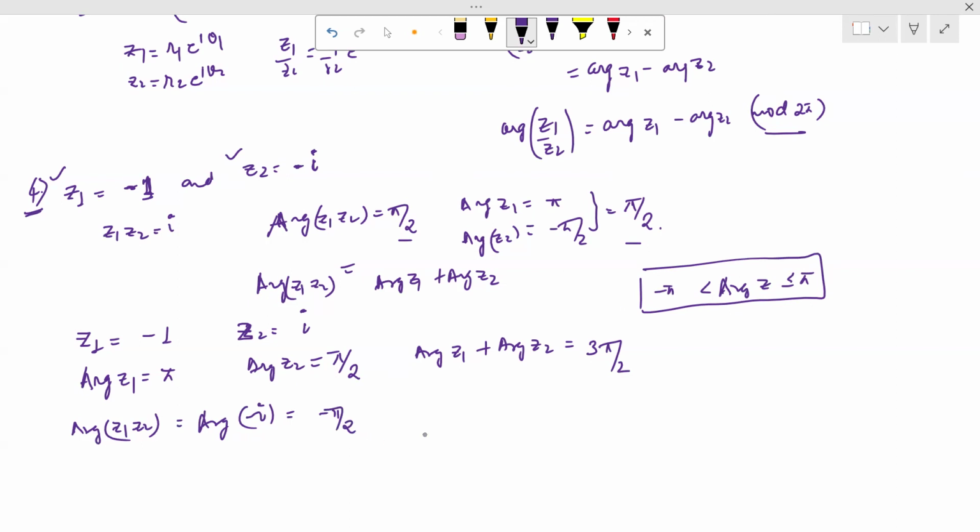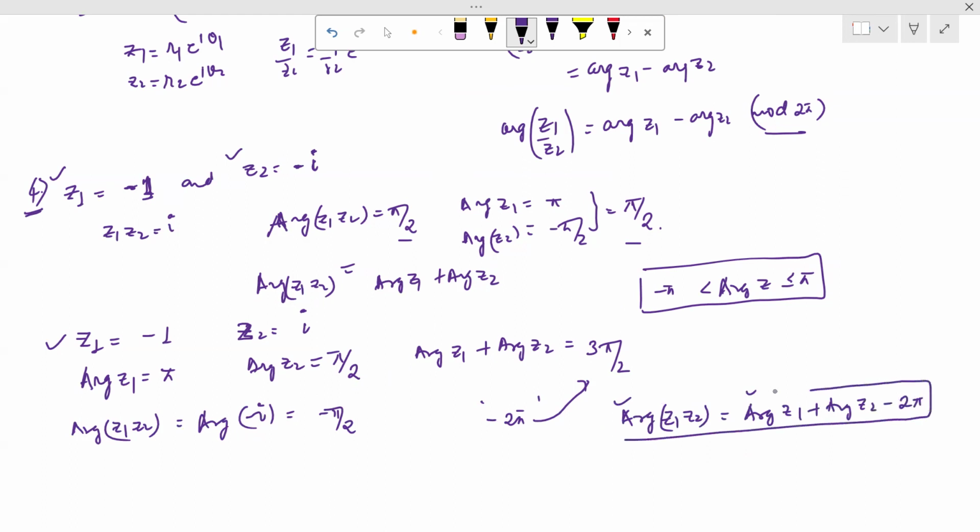So here I have to subtract 2 pi from the result. So argument of Z1 Z2 would be equal to principal argument Z1 plus principal argument Z2 minus 2 pi. Why is it necessary to subtract 2 pi? In order to keep the principal argument in the range of minus pi to plus pi. This is why we do such things.